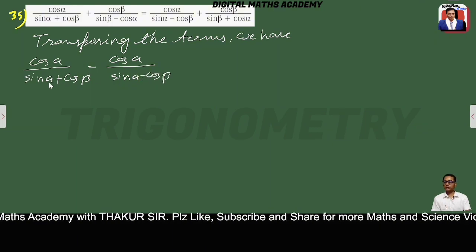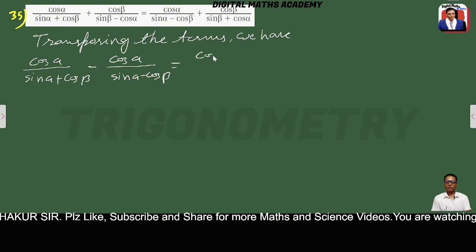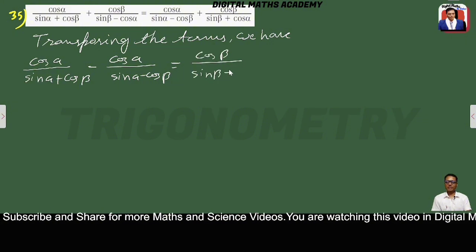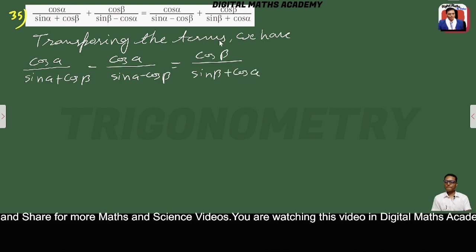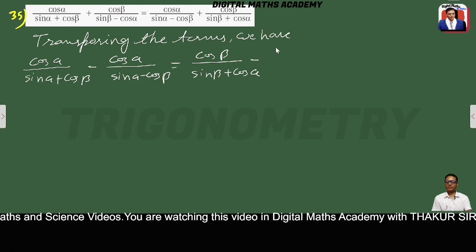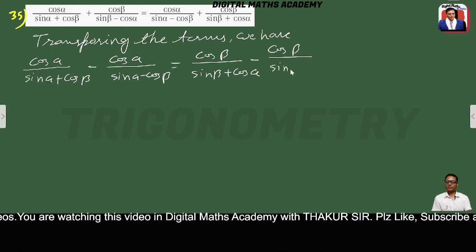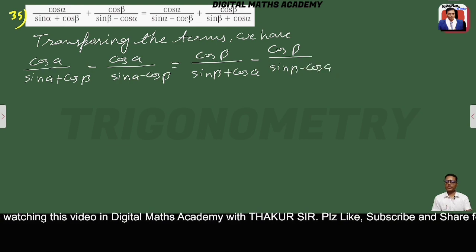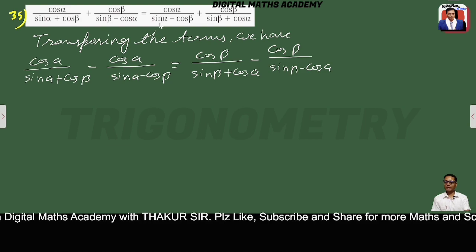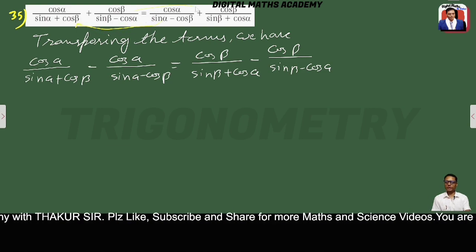Now these two terms become like, so we have to group like this, and then we can write here cos beta at the right hand side, and we have here sin beta plus cos alpha, and similarly that part will go to another side, so we can write here minus cos beta over sin beta minus cos alpha, right? So we are going to transpose here, so we have to bring this to the left hand side, okay, and this term we are going to bring at the right hand side.